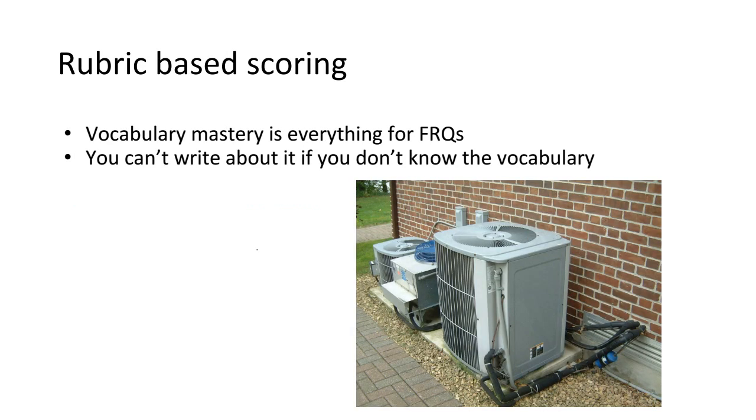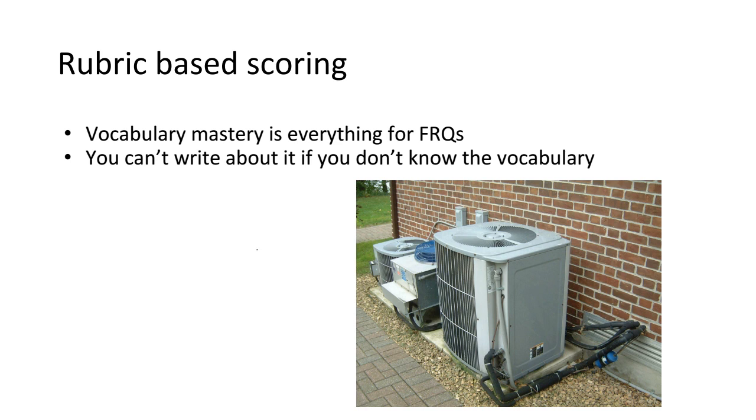Okay, so I want to leave you with one more thought about vocab. I know I talk about vocab all the time, but this is rubric based scoring, meaning after you write your FRQ, they're all shipped and sent up to Cincinnati, where we go to read them. The rubric is made after you take the test, and that's why it's important that you have really good mastery of vocabulary.